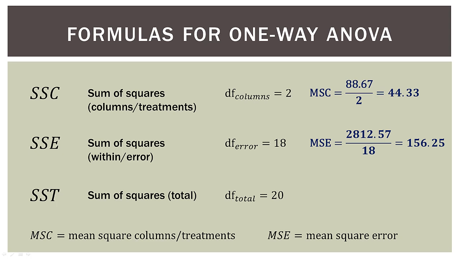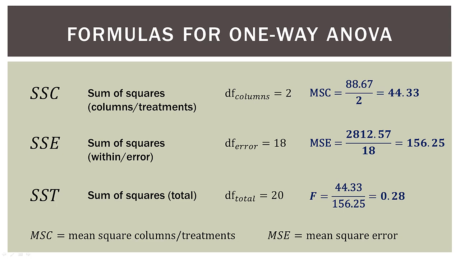Now the MSE is the SSE divided by 18. So that was 2812.57 divided by 18. And that comes out to an MSE of 156.25.